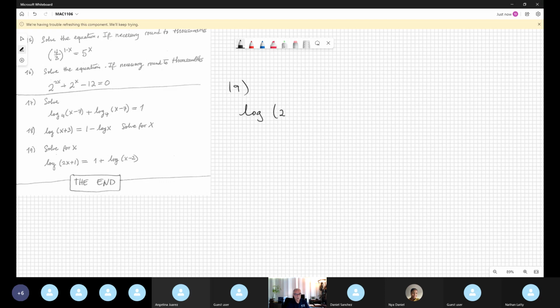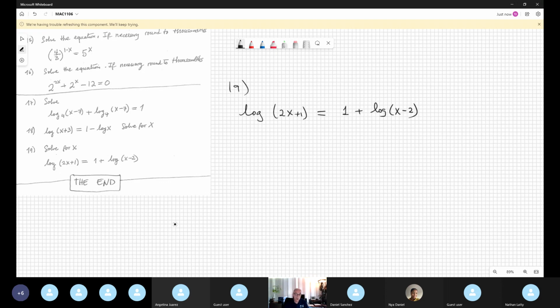Logarithm of 2x plus 1 equal 1 plus logarithm of x minus 2. Again, one more time it happens that there is no specification of the base. Therefore, what is the base in this problem? 10. 10. Very well.